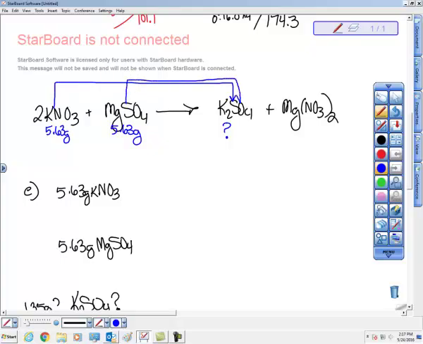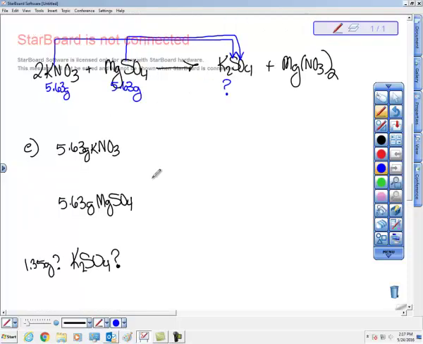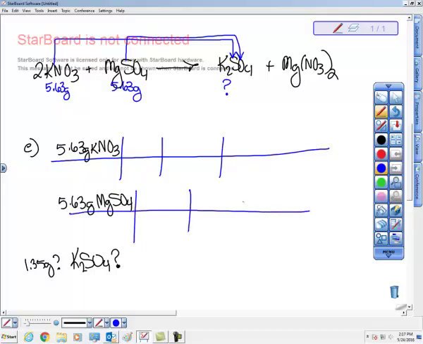So you're doing this twice. All right? So 2 problems should be set up here, and they will all look the same. Mass to moles, mole-mole ratio, ending with mass. Mass to moles, mole-mole ratio, ending with mass. And they will both be ending on the same thing, K2SO4. All right, let's get started.